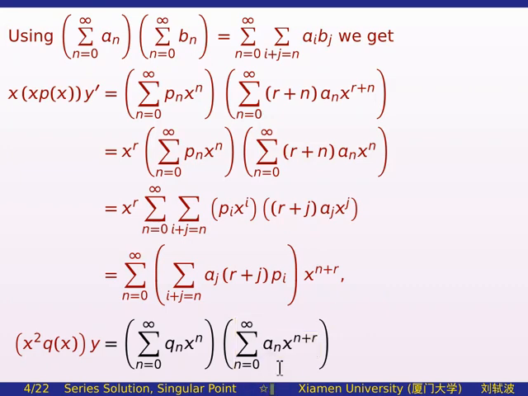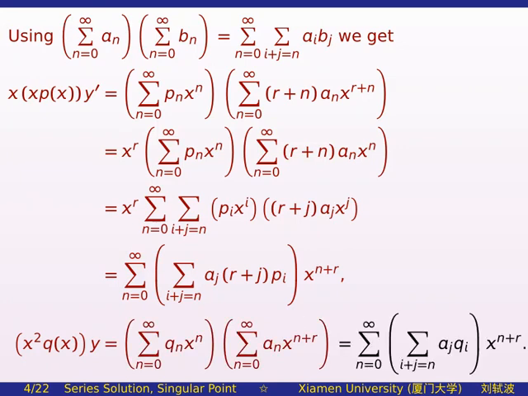Okay. Now, apply the multiplication formula. Here we deduce that the order of x for n is n plus r, just like what we did in the previous computation.